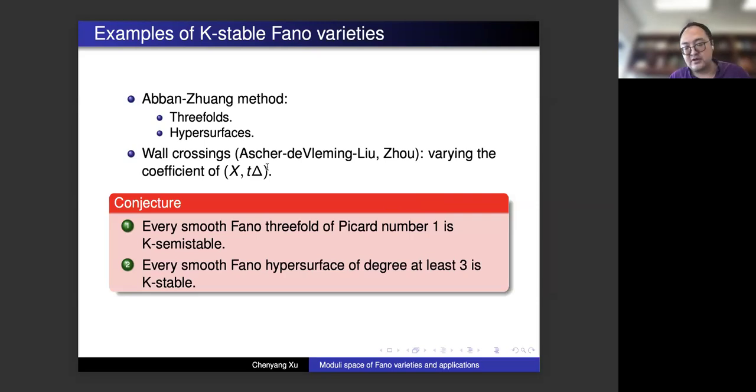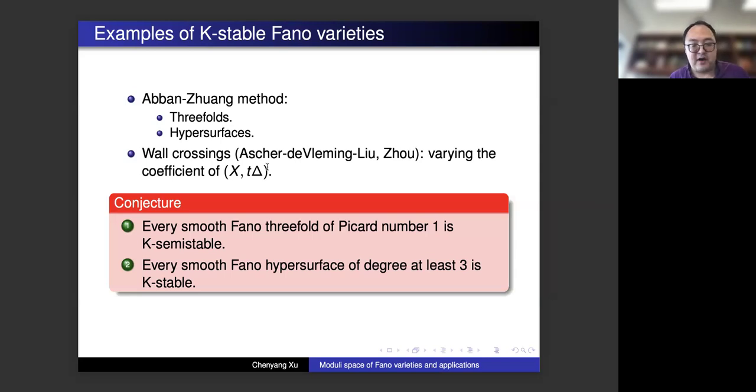But for instance, there are two, I think, very interesting questions about the existing Fano moduli. For Fano threefolds, I think there's a chance that all smooth Picard number one ones are K-semistable. I think this is now known up to degree something like 16, right? I think for 18 and 22, the last two, we don't know this.